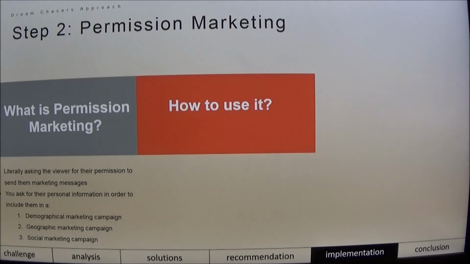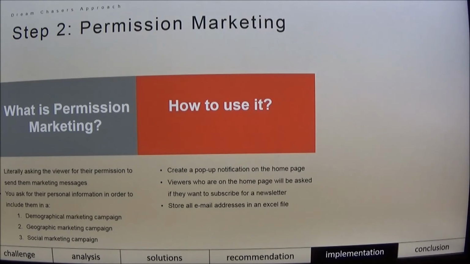So how to use it? Simple. You create a pop-up notification on the website, so everybody who comes on your homepage will get a pop-up automatically, and they get a choice. Do they want to subscribe to a newsletter or not?